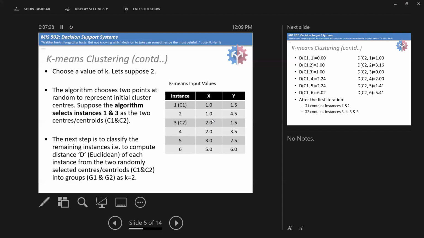Okay. So let's do something which will help us. It's for ease of visualization, it's only 6 points.